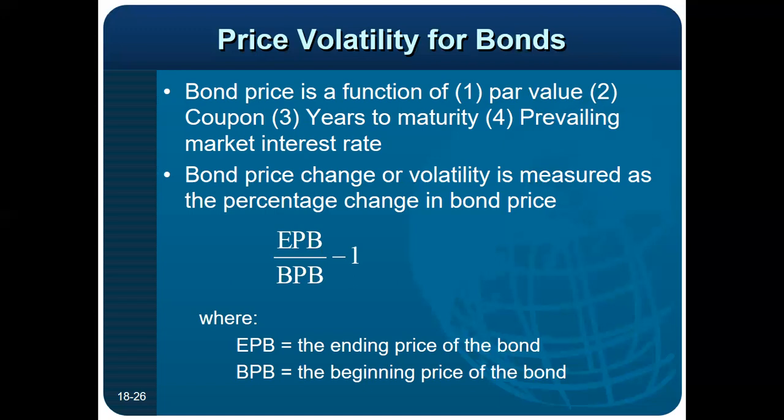BPB is the beginning price of the bond. So basically, today's price divided by yesterday's price, minus 1. And then you will get how much is the change, or the volatility, of the bond price.